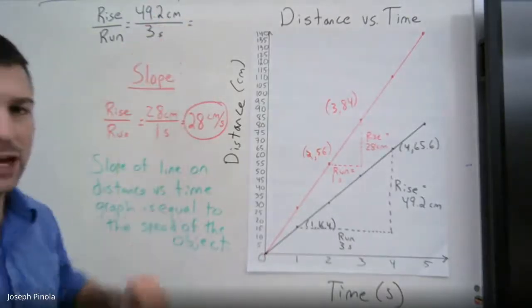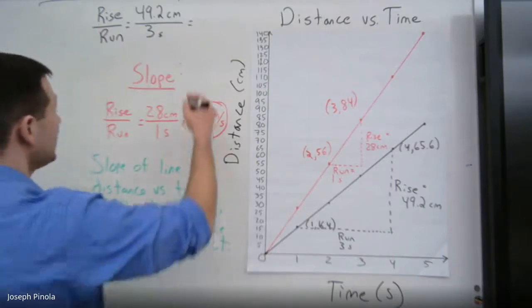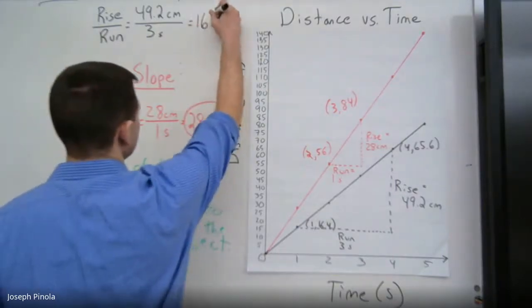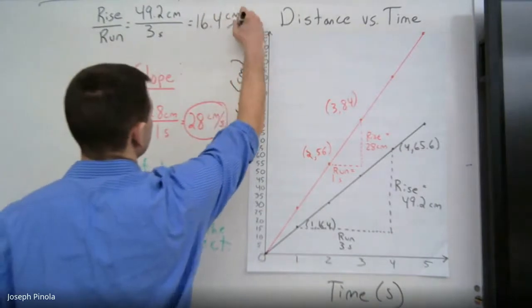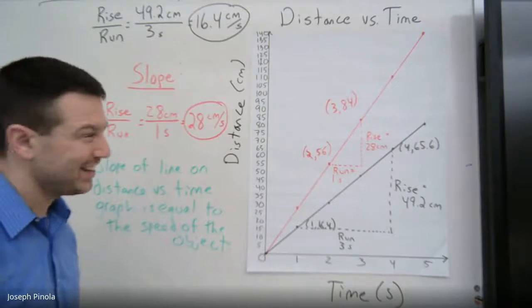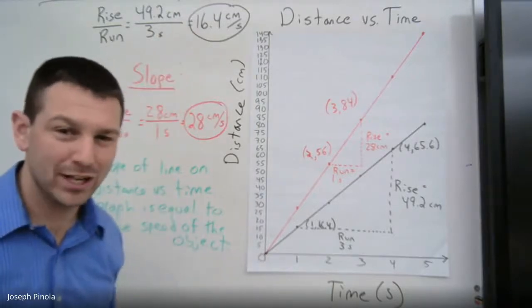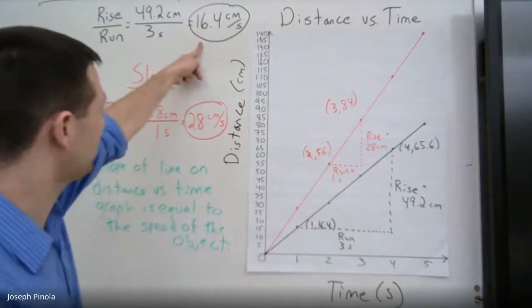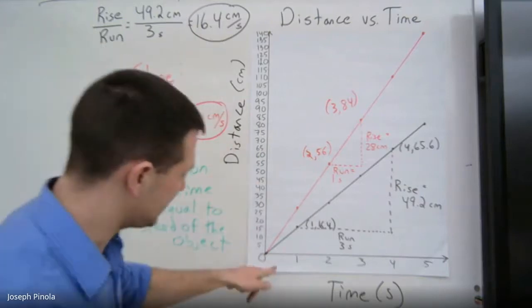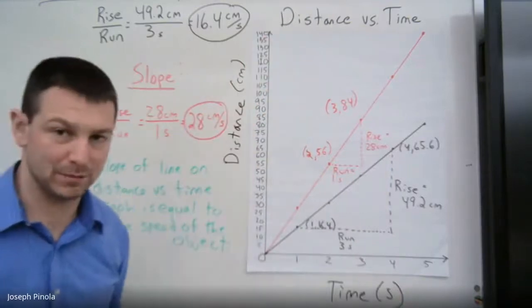I'm going to do a little bit of math here. 49.2 divided by 3. That gives me an answer of exactly 16.4 centimeters per second. Interesting. That's the exact same number we came up with in the last video. The black train moves at a speed of 16.4 centimeters per second, which is exactly equal to the slope of its line on the distance versus time graph.